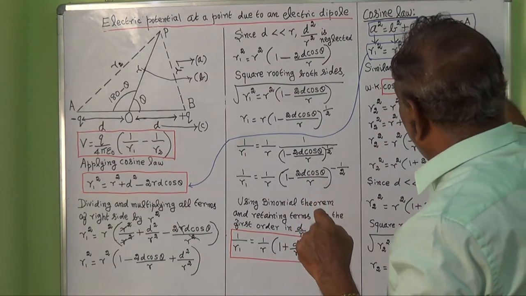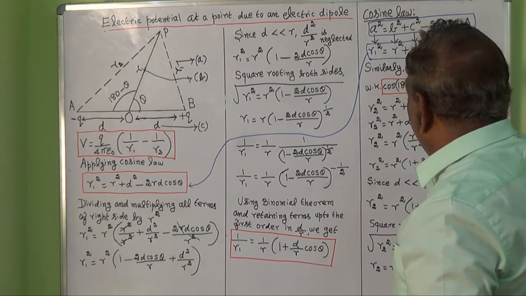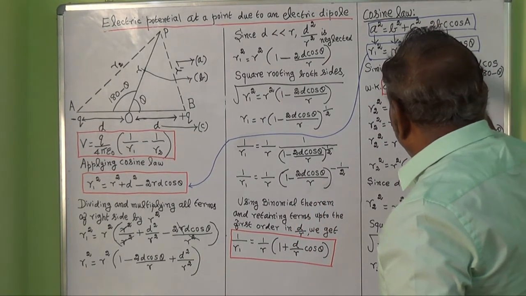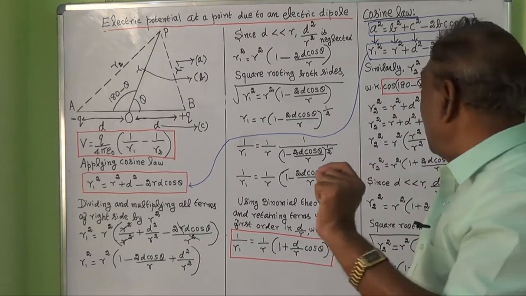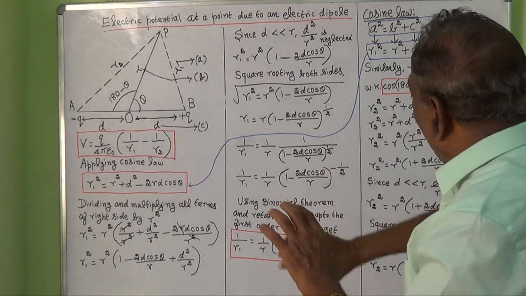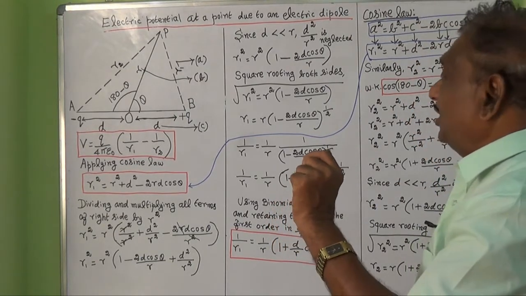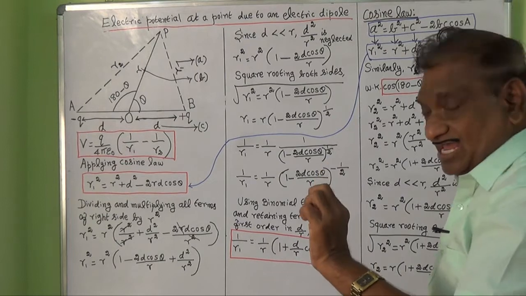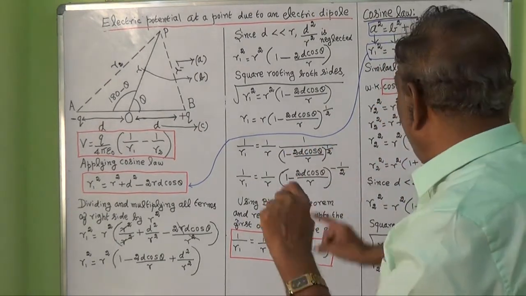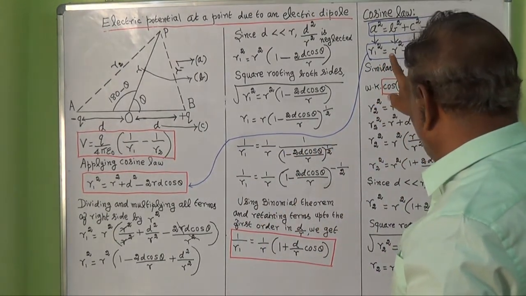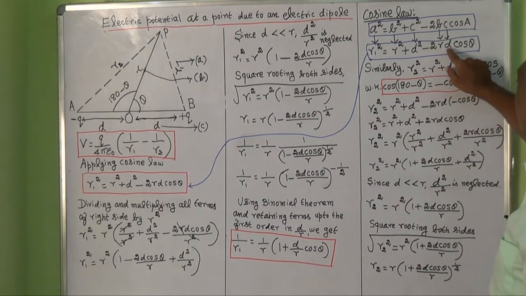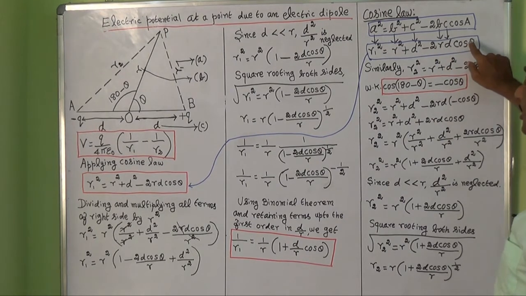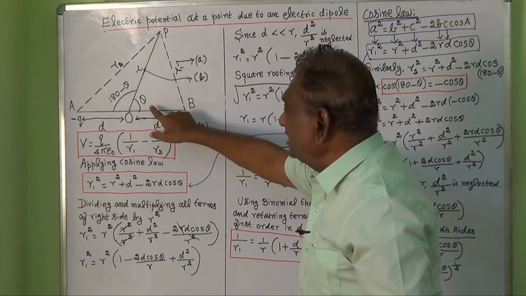Therefore, if we substitute C as d, we will get C square as d square. Therefore, we get the equation R1 square equal to r square plus d square minus 2rd cos theta, because here the angle is given as theta.